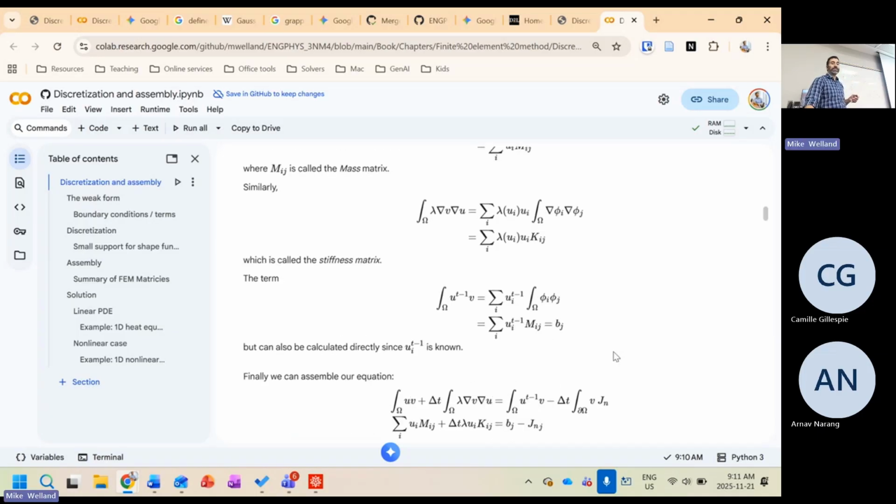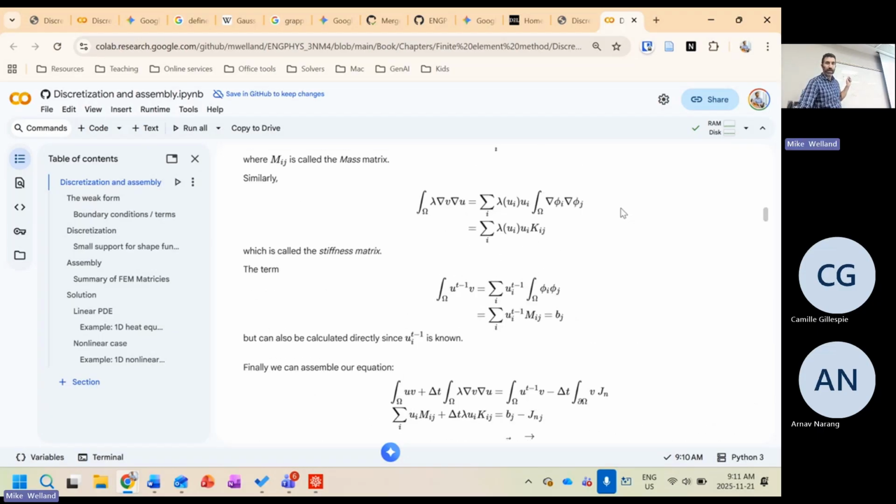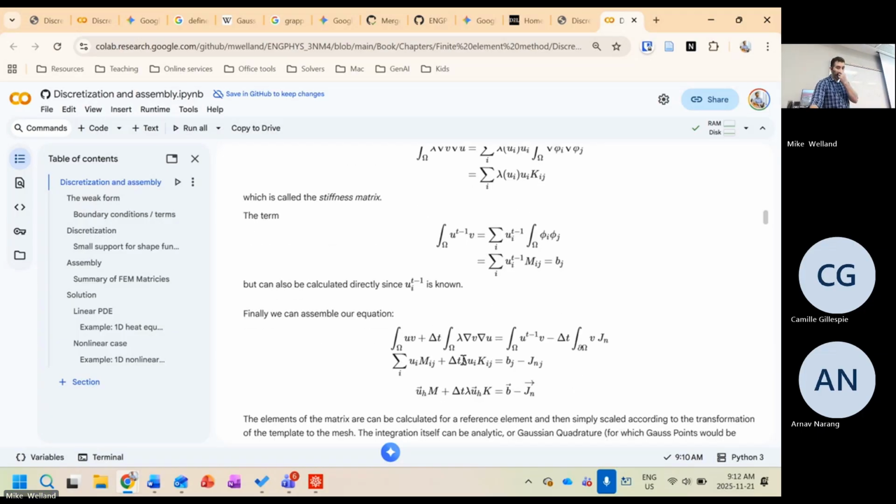Your stiffness matrix, is that time invariant? The stiffness matrix is also an integral over these shape functions. You're also okay with that, but here you have two things. You have your delta T, which typically does change from one time step to another because you want adaptive time stepping.